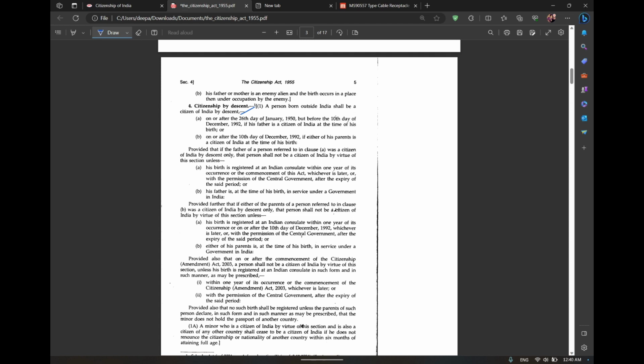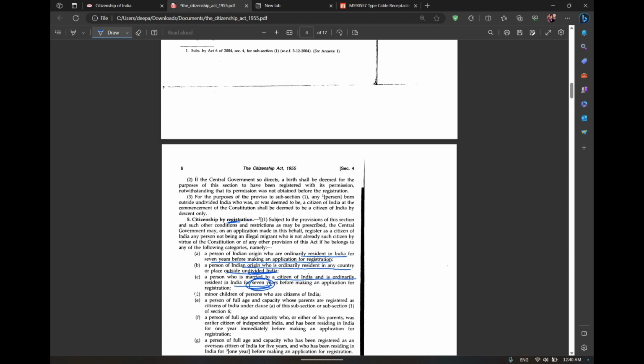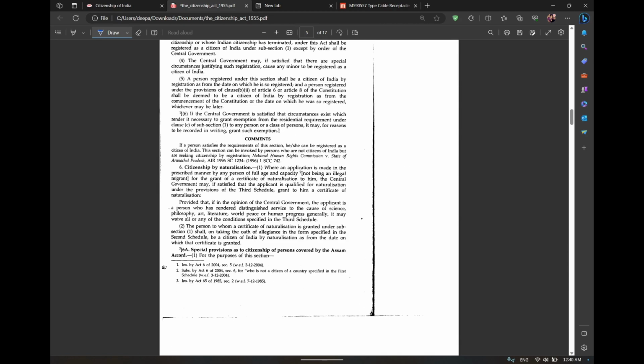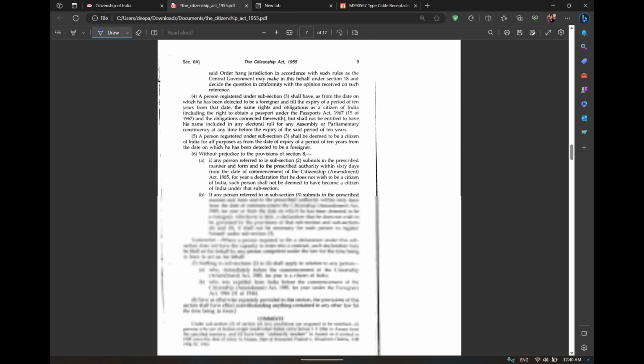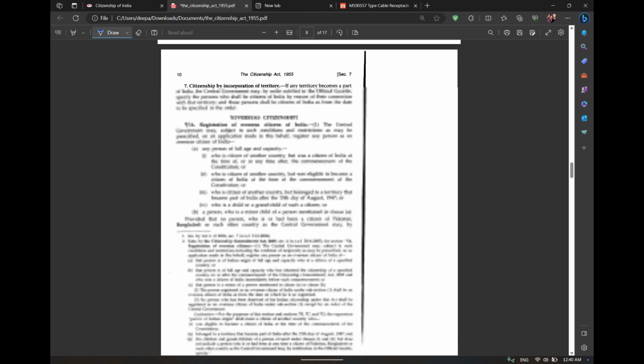Okay, so by descent, citizenship by descent, and by registration, and by naturalization. Now if we proceed here, we'll see that there are certain conditions for the registration of people for the overseas citizens of India as well.